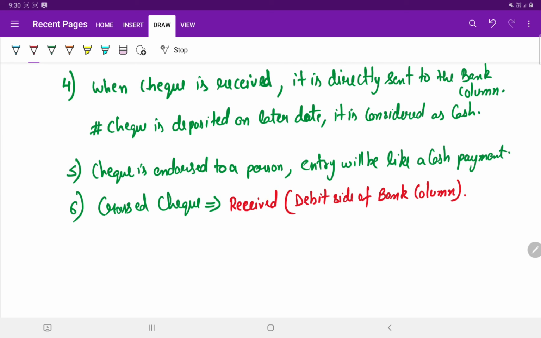But when a bearer or other check is received, so this is the name bearing check, not a crossed check, whenever a bearer check is received, it is recorded on the debit side in the cash column.